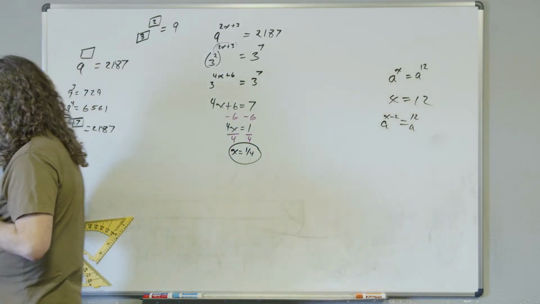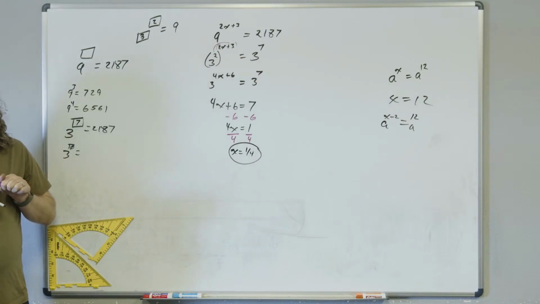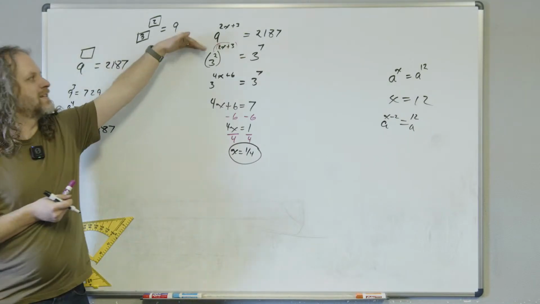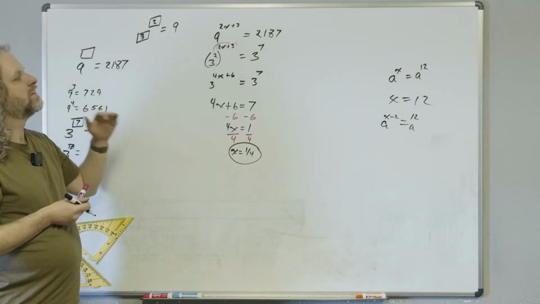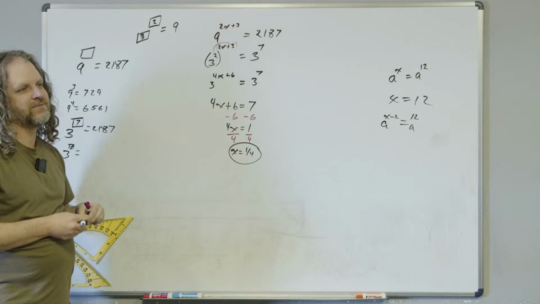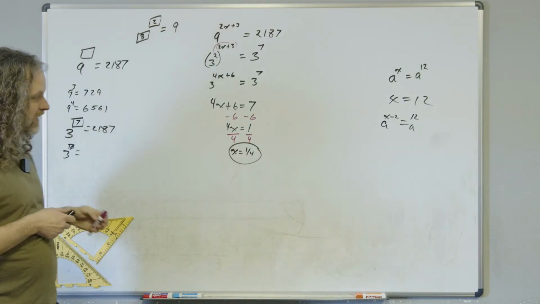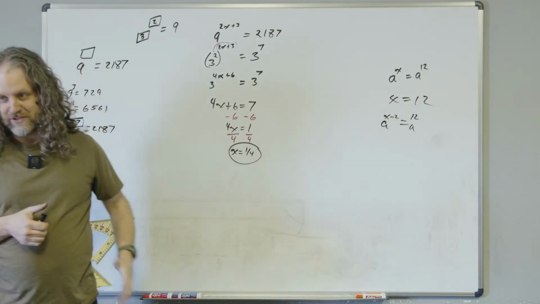So the bases don't matter anymore? They mattered. We had to do all this nonsense to make them match, but once they match, we're solving for x, and that's what x equals. So it matters, but it's not a part of the answer, only the solution.